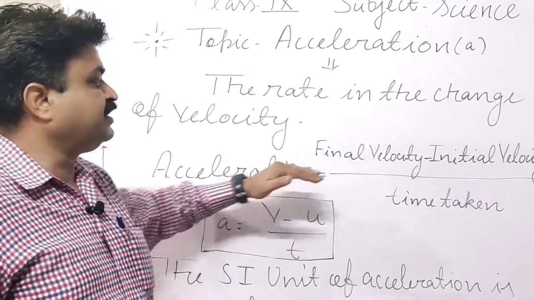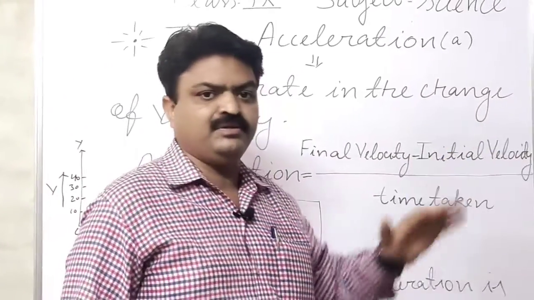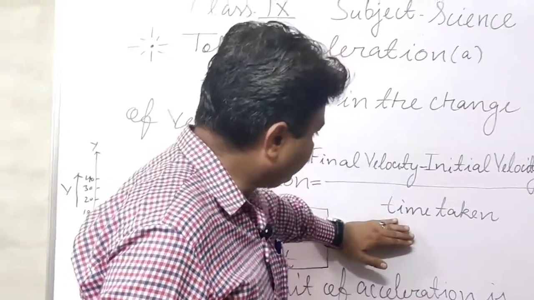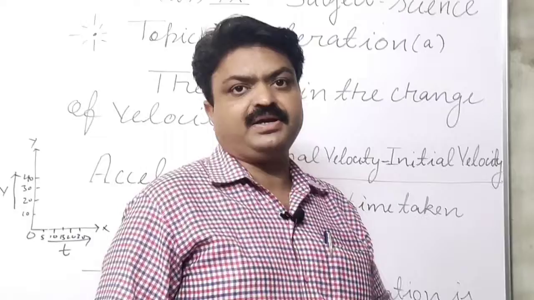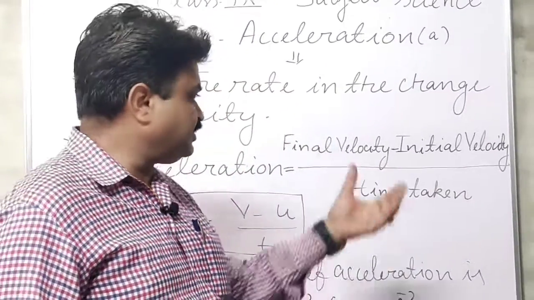Now in this, what is the formula of acceleration? The formula of acceleration is the final velocity subtracted by the initial velocity, divided by the time taken, meaning this change takes place per unit time.